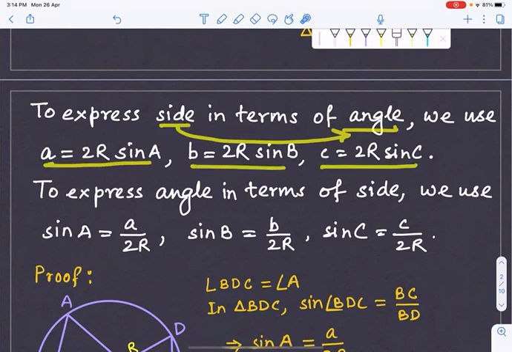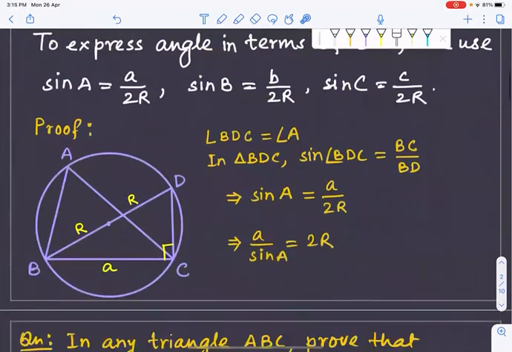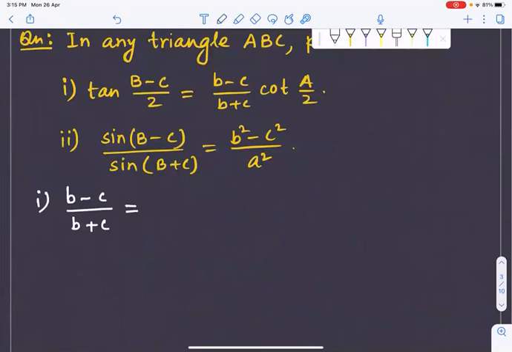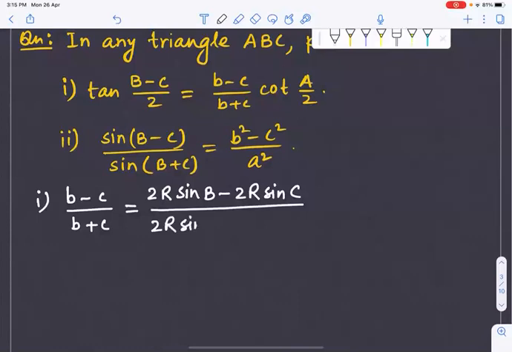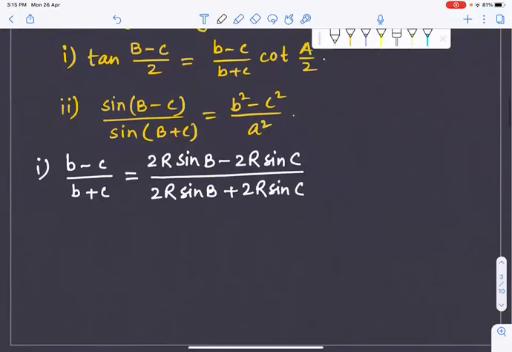Let us use that. b equals 2R sine B, c equals 2R sine C. So if I use that here, it is 2R sine B minus 2R sine C divided by 2R sine B plus 2R sine C. You can see that I can take 2R common and it can be cancelled.